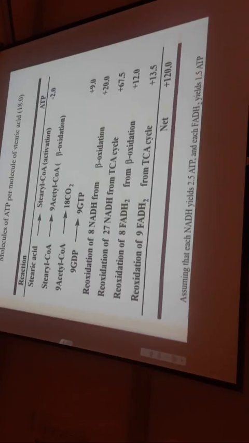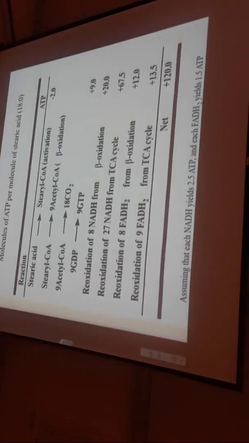If we look at degradation of stearic acid, which has 18 carbons and no double bonds, so it's a saturated fatty acid, we get a total net yield in ATP equivalents of 120, which is a lot.